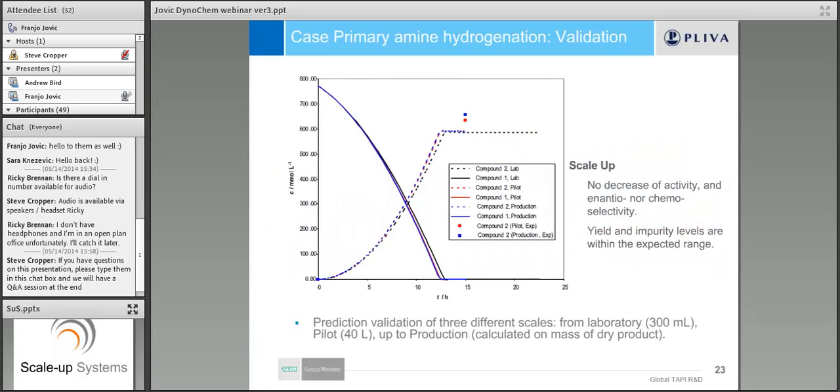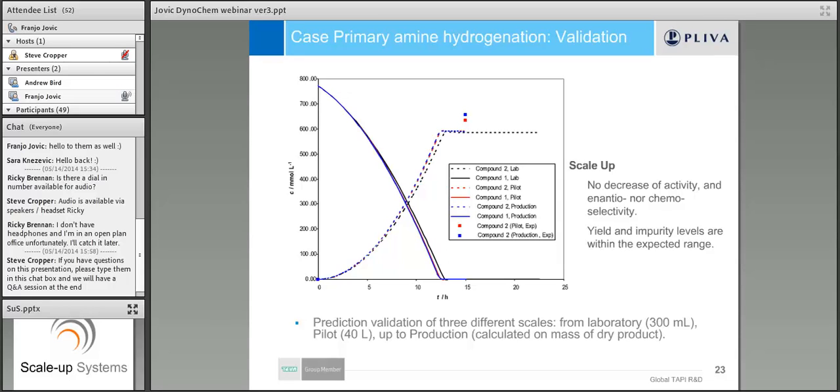And this is the final scale up on the production scale. The slight changes are because we measure these points on the picture over here as dry mass, because in GMP production you are not able to take samples from the reaction mixture.